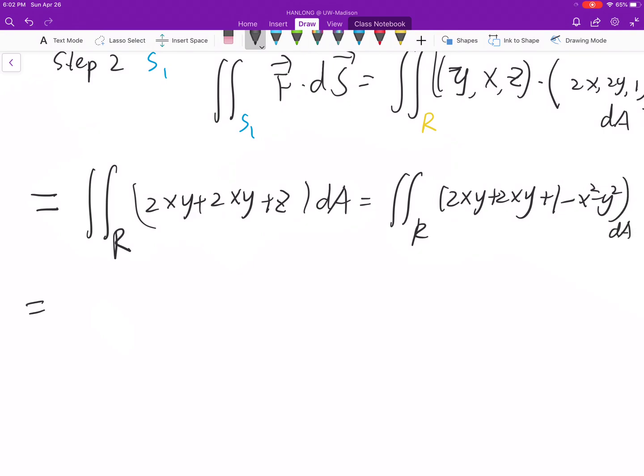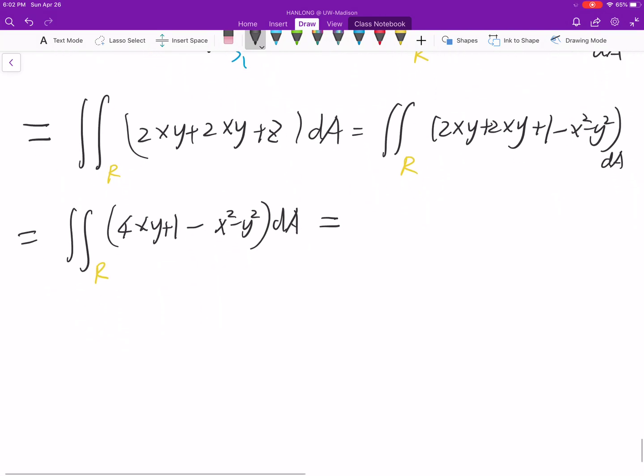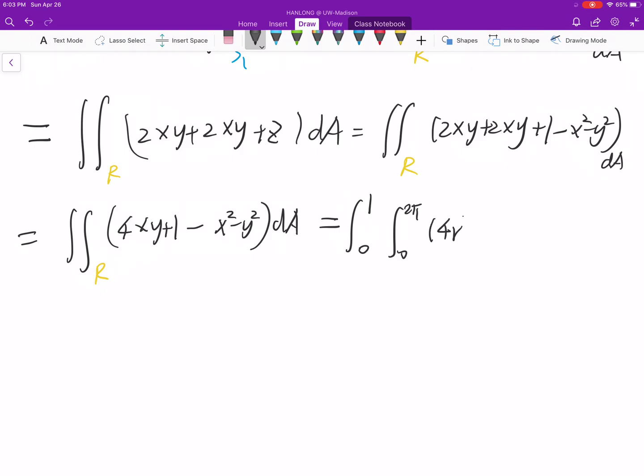And then you have 4xy plus 1 minus x squared minus y squared dA, over region R. Since region R is a unit disk, we use polar coordinates, and therefore you have the integral from 0 to 1, 0 to 2 pi, of 4r squared cosine theta sine theta plus 1 minus r squared, times r dr d theta. This is by the formula for polar coordinates; you have an extra r here.